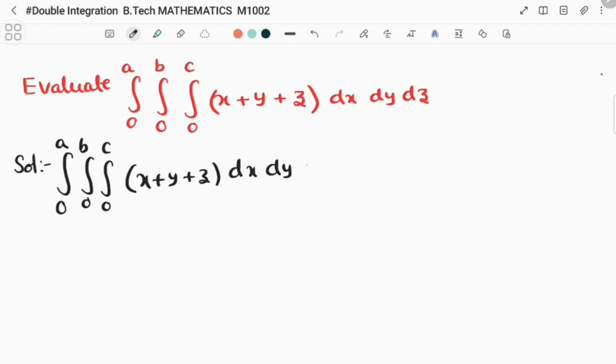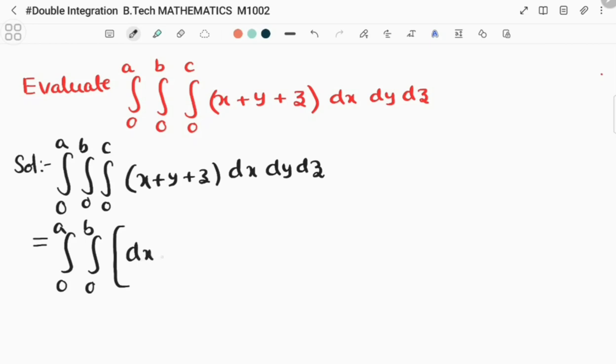With respect to dz means integral 0 to a, integral 0 to b, here keep a bracket, and inside the bracket, with respect to z I am doing now, dx dy, integral 0 to c of x plus y plus z dz.